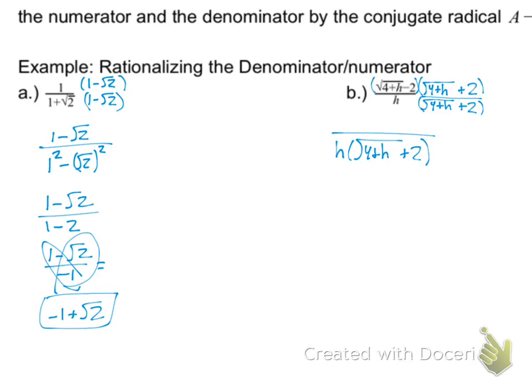But the top definitely needs to be FOILed because that's the whole reason of getting rid of the square root. Square root of something times square root of something is that something. Make sure to leave it inside that parentheses, just for now, because it's the whole group.